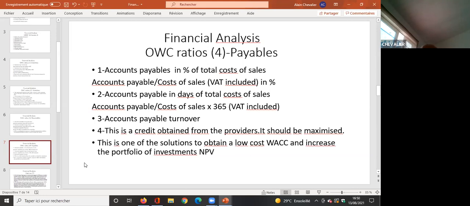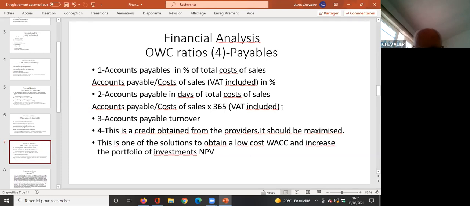If you have 20 of accounts payable, it means 20 you have to pay some time to your providers, and the cost of sales is 100, VAT included, you get 20%. It can be also in days, instead of being in percentages.